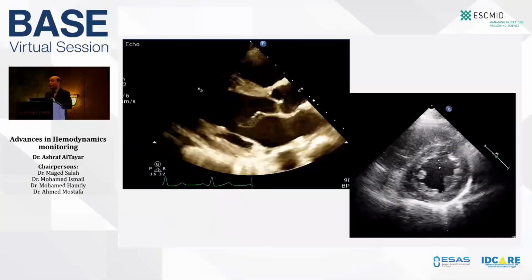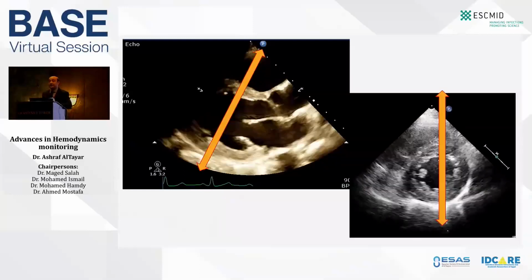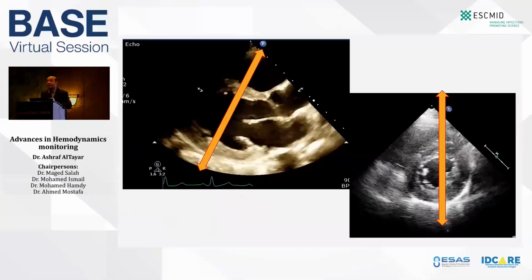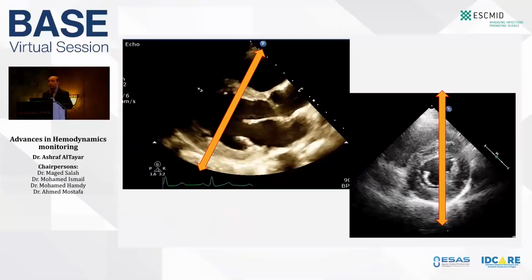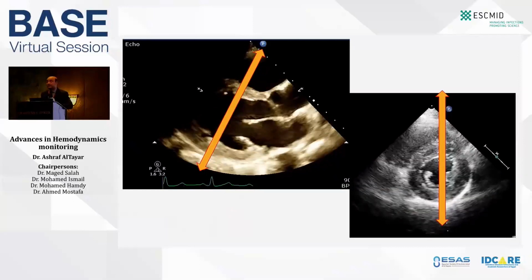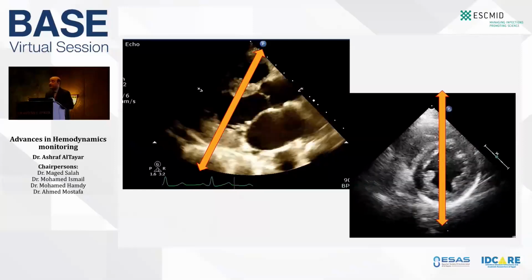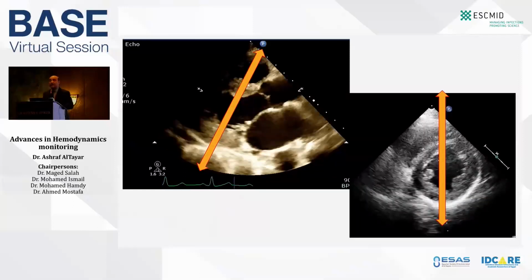If I fire the M mode on the parasternal long axis over an area of reduced wall motion or regional wall motion abnormality, my patient's ejection fraction will be low. And vice versa, if you fire the M mode over a hyperdynamic area, the ejection fraction will be higher than what is there in reality.